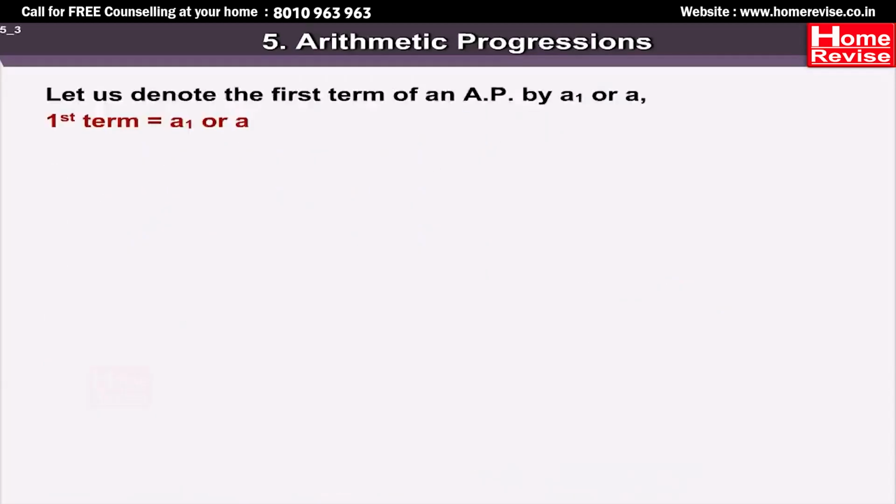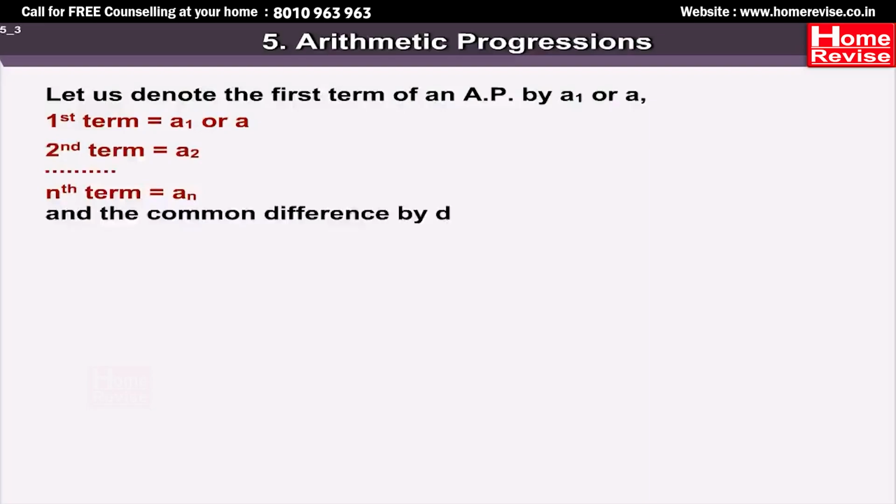Let us denote the first term of an AP by a1 or a, the second term by a2, up to the nth term by an, and the common difference by d. a2 minus a1 is equal to a3 minus a2 is equal to d.